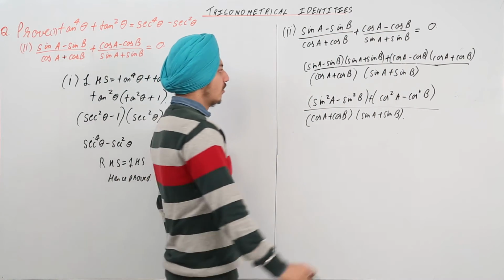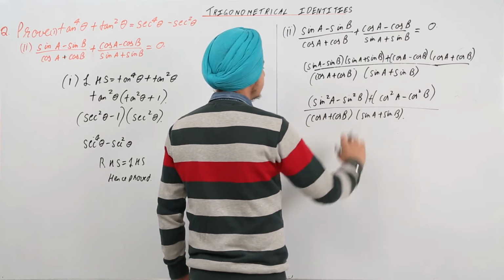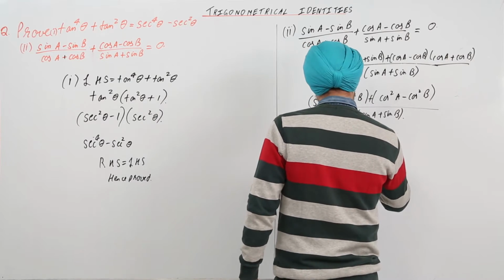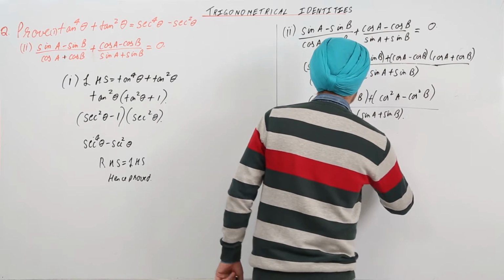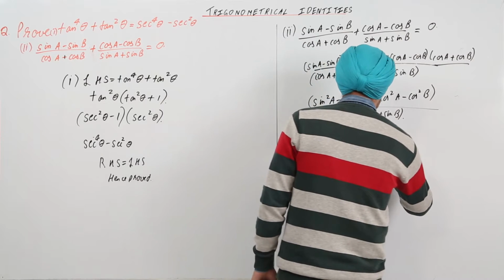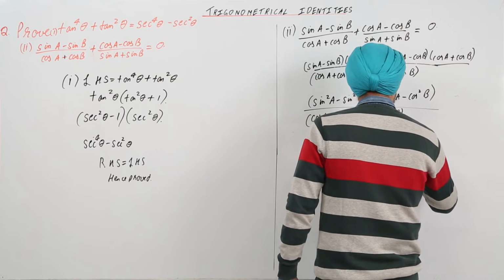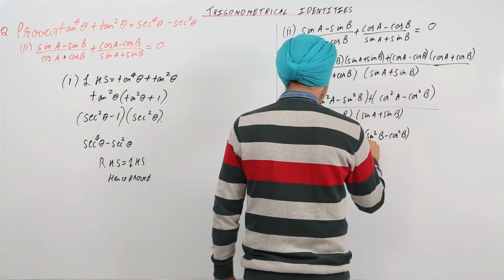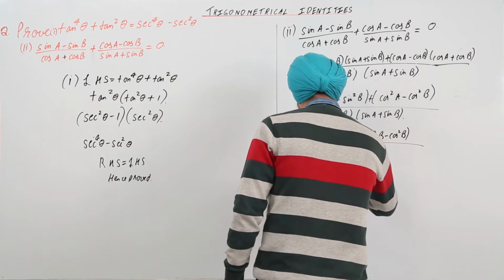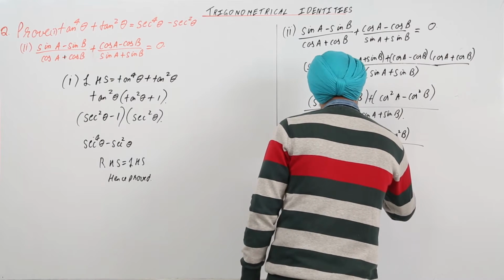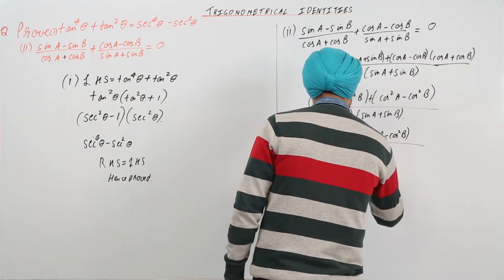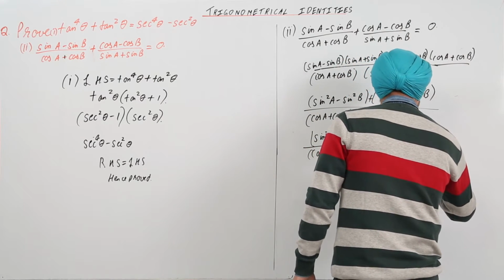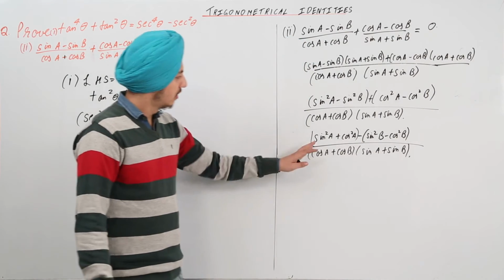Clear enough? From here I'll just open these brackets and this will be equal to sine square A plus cos square A minus, taken out, sine square B plus cos square B, upon cos A plus cos B into sine A plus sine B. Clear enough?